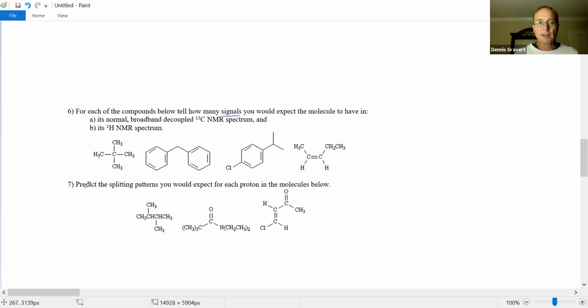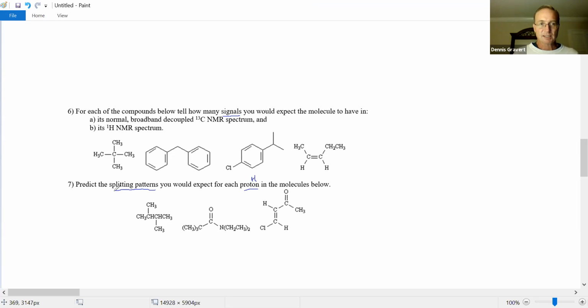In number 7, it says, predict the splitting patterns you'd expect for each proton in the molecules below. Which element is a proton? Hydrogen. I know all elements have protons in them, but this is a single proton. So which element only has one proton? Hydrogen. Okay.